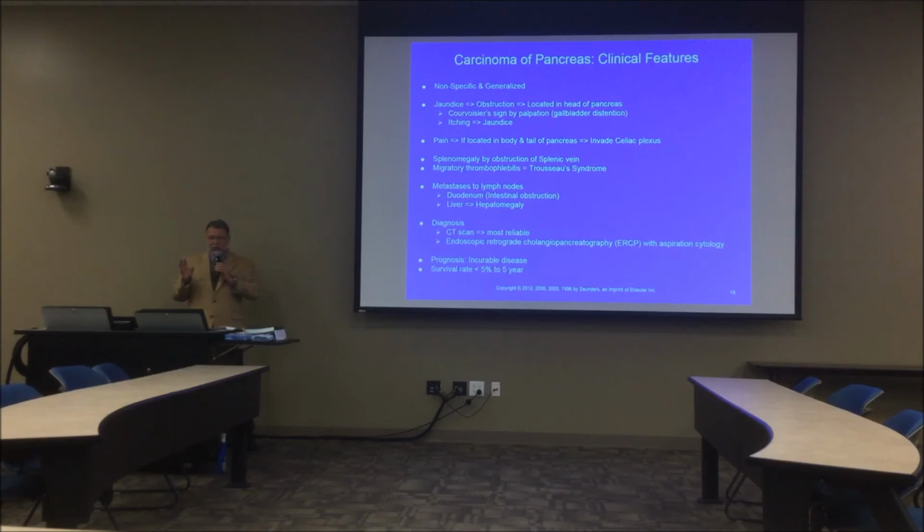There's a sign called Courvoisier's sign, which is done by palpation at the area of the gallbladder. And if you see where I'm touching, not necessarily at the mesogastrium or epigastrium, but really in the most medial side of the right hypochondrium, that's where you're going to have the bile or the gallbladder distended. Jaundice goes with itching, so that's another clinical factor to be aware of.